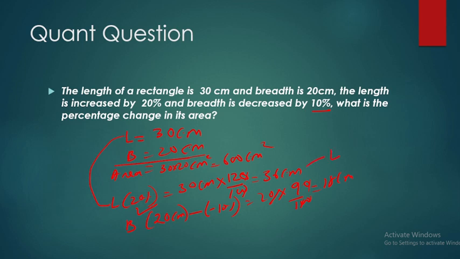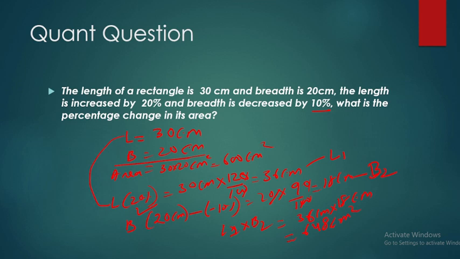So this is the new length L1, this is the new breadth B2. So the area of the new rectangle will be L1 into B2. So it will be 36 centimeter multiplied by 18 centimeter. This happens to be 648 centimeter square.